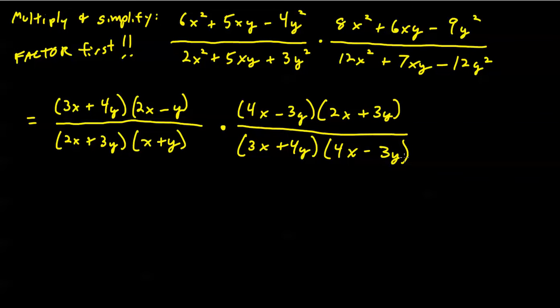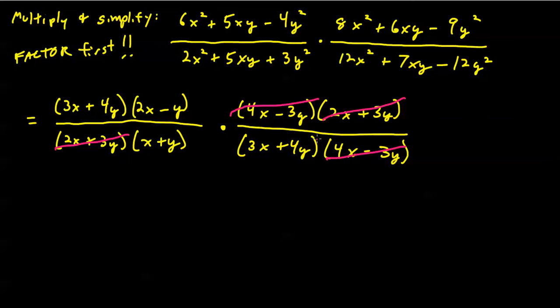Alright, so I've factored each of the 4 polynomials as clearly as I could. Now I'm going to look for some common factors across this multiplication. Let's see, 4x minus 3y cancels out with 4x minus 3y, leaving factors of 1 in their wake. 2x plus 3y cancels out with this 2x plus 3y, so I can cross cancel those two factors.